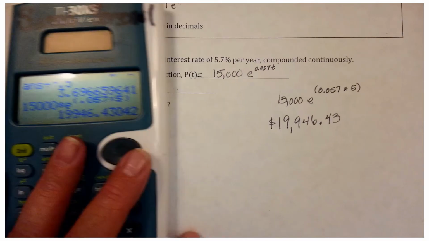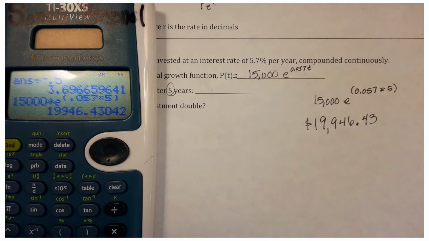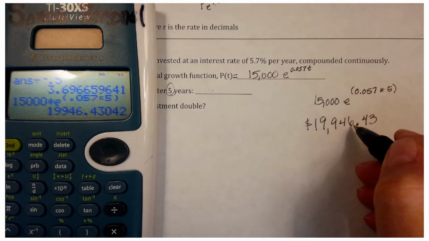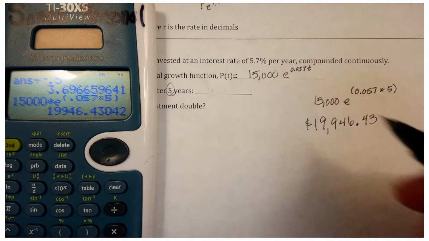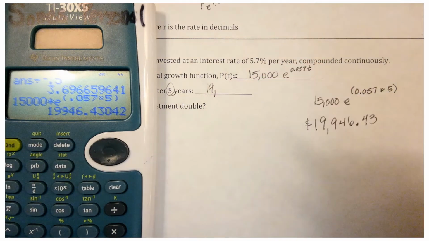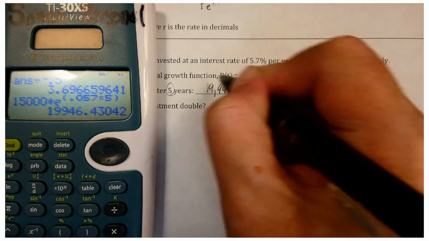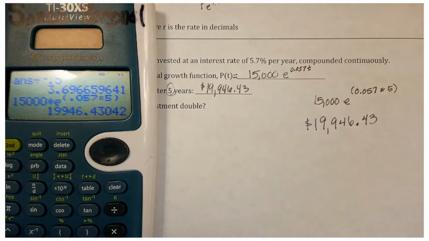And this makes sense because if we start with 15,000, it makes sense that we would make $4,946.43. So our total here is $19,946.43. That's a realistic amount. And you do want to make sure that this is realistic. If you were to get 8,000 and you started with 15, that would not make sense. So you would want to go back and reevaluate.